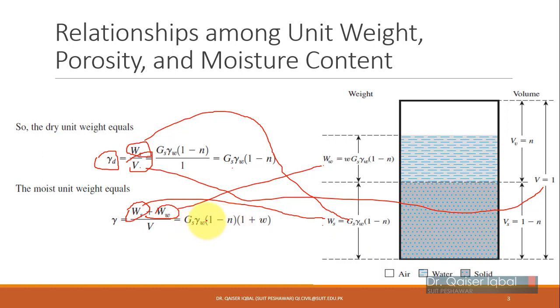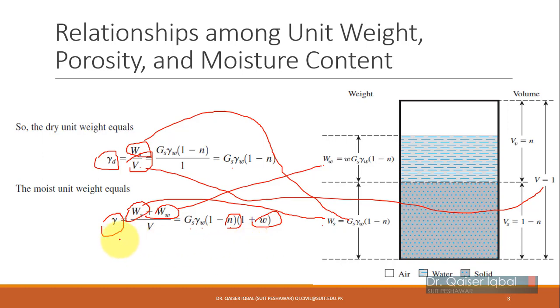We have taken this common, so in the first one the remaining is 1, and in the second one the remaining is W. So for the relationship between the bulk unit weight and porosity, if you know the moisture content of soil, the unit weight of water, and the specific gravity, these can be easily determined in the laboratory. And if you have porosity as well, then you can determine the bulk unit weight using this relationship.